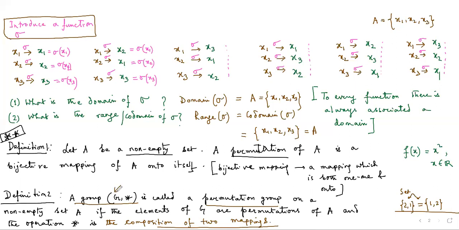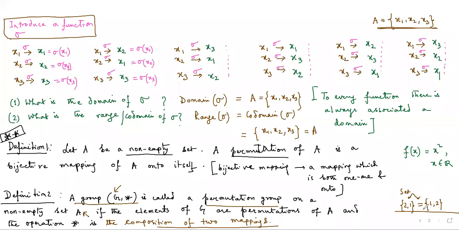One is this one and another is this one. You have to be very careful about the meaning of these two sets. Capital A is this one. Let me be very clear.